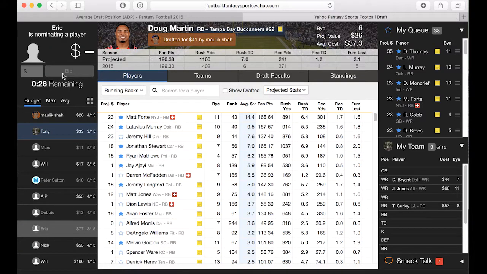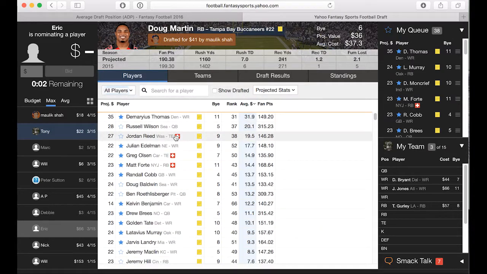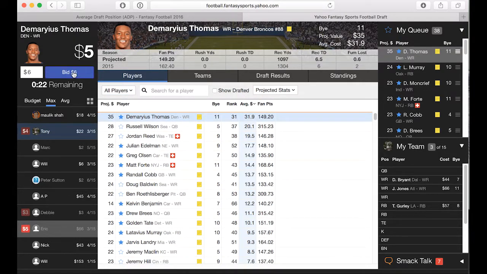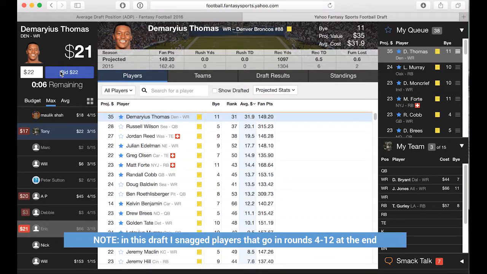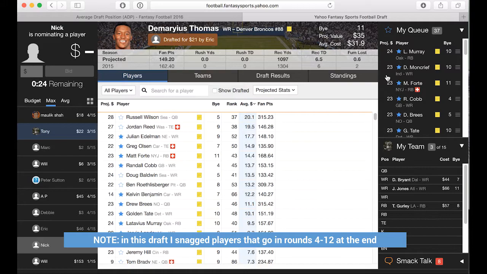And this is where you can really add depth to your team. A lot of players are often overlooked. People pay more attention to the studs, and some of these players with a lot of upside, who in a regular draft would go between rounds 8 and 14, you can have your pick at.